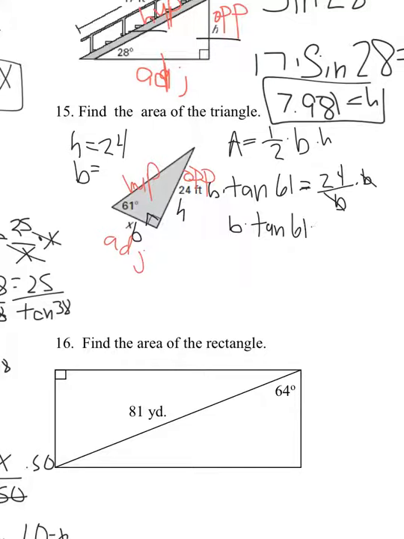B times tangent 61 equals 24. Step 2, divide by tangent 61. And 24 divided by tangent 61 is 13.303.